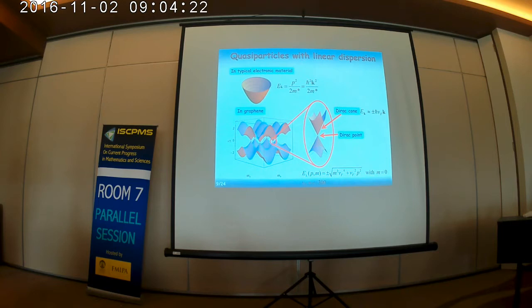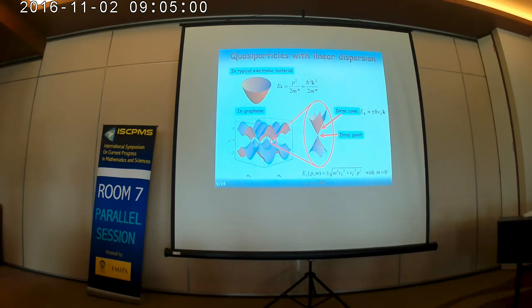If you open up a solid state physics textbook and do the band structure calculation for typical electronic materials such as gold, silver, and aluminum, the band structure will show you the energy of the electron is proportional to the momentum squared over 2m, where m is the effective mass of the electron. So you have this quadratic dispersion: the conduction band or valence band has quadratic behavior.